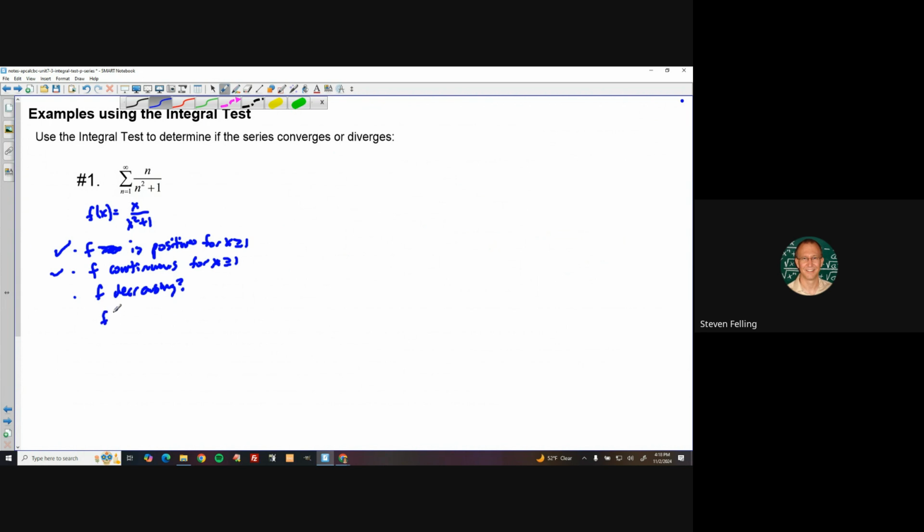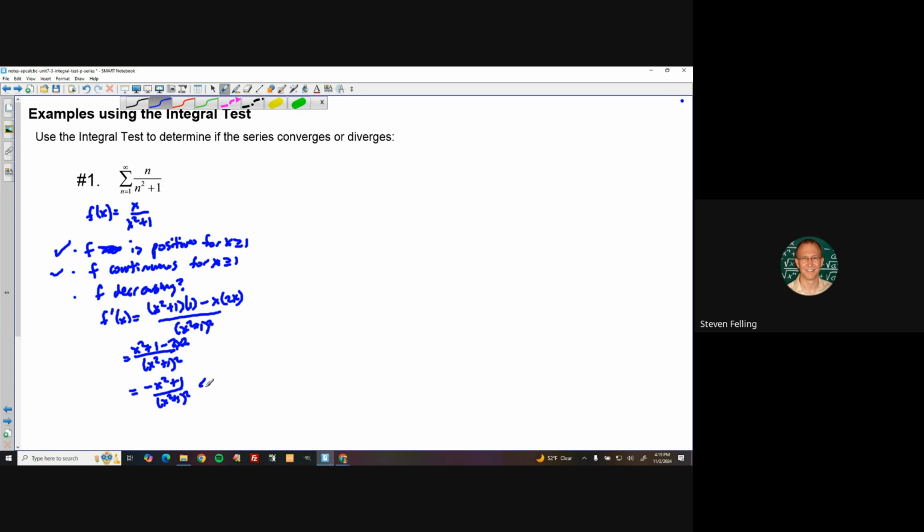So we'll compute the derivative with the quotient rule: x for low d high minus high d low over low squared, x squared plus 1 squared. That simplifies to x squared plus 1 minus 2x squared over x squared plus 1, the quantity squared, which would be negative x squared minus 1 over x squared plus 1 squared.